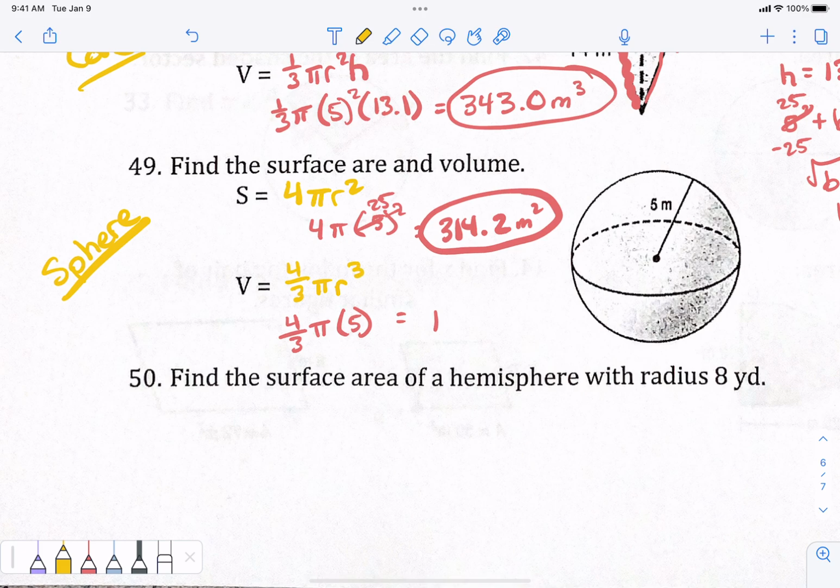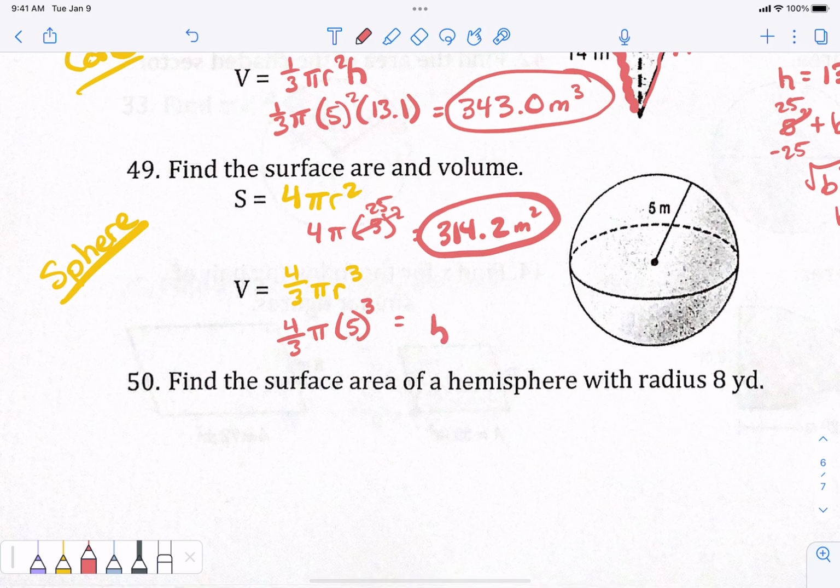Cubed, fix it. People watching the video, fix it. Don't write that down wrong. Okay, start again. 5 cubed, which is 125, times pi times 4 divided by 3. Everybody say thank you. Boom. 523.6 meters cubed. There we go.